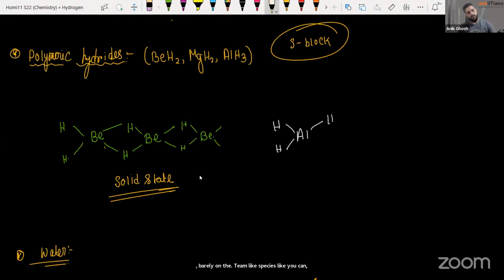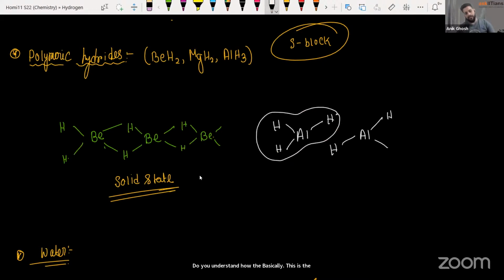AlH. Do you understand how the species is being formed? These three, this is the aluminium AlH. This is another AlH. Now they're combining like this.